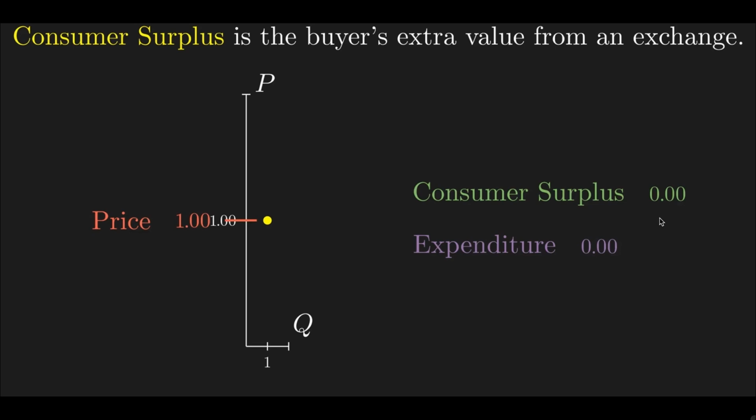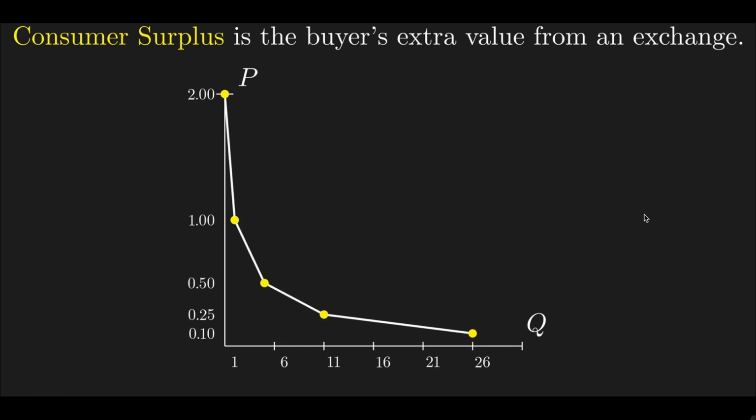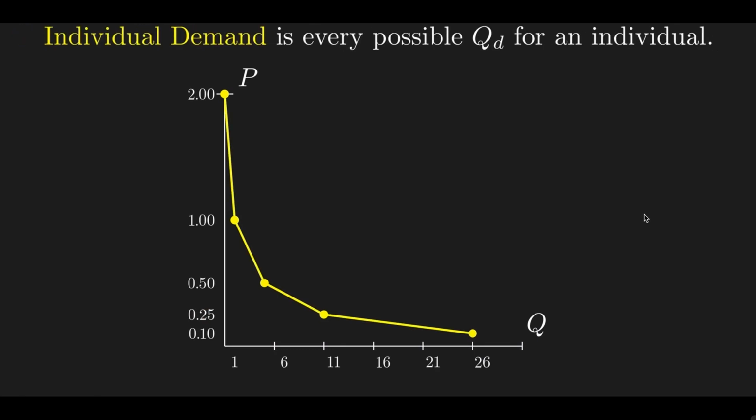So in either case, Amanda Grace would have a consumer surplus of 0 if the price is $1 and her willingness to pay is $1. Okay, so we can run through a bunch of different prices, but the main idea is that we have a consumer surplus for all of the things we're actually buying.